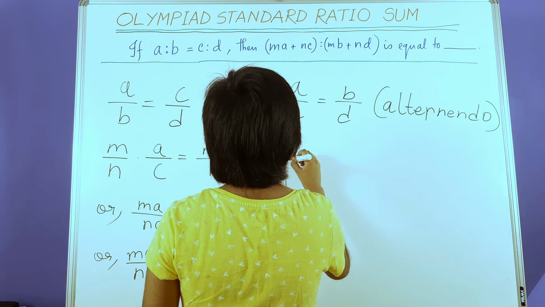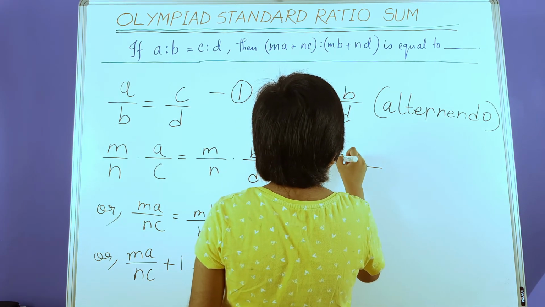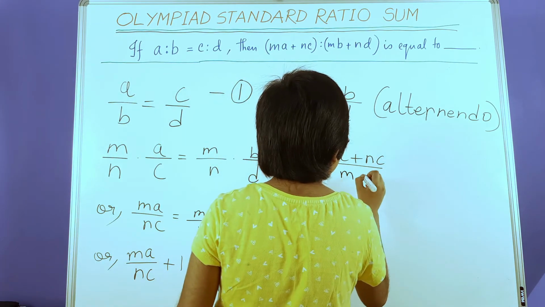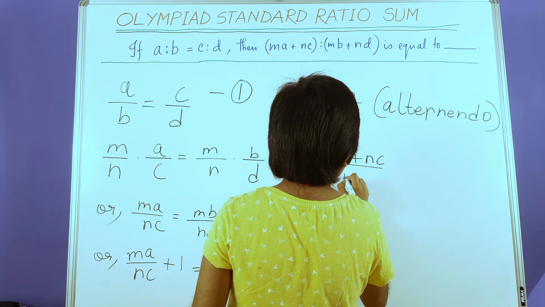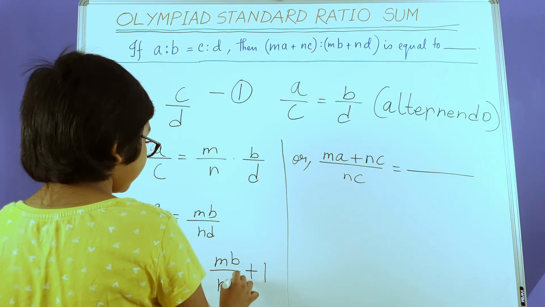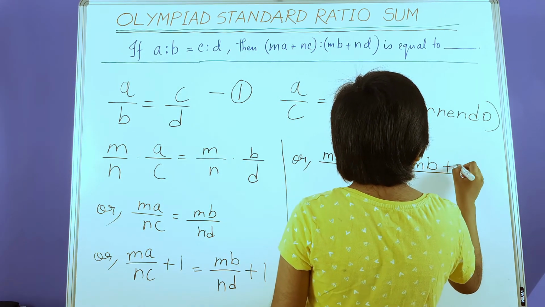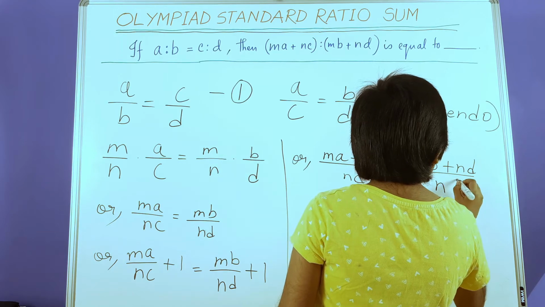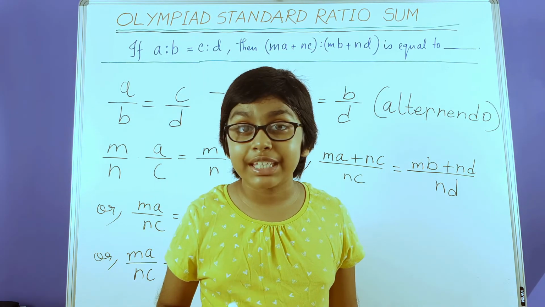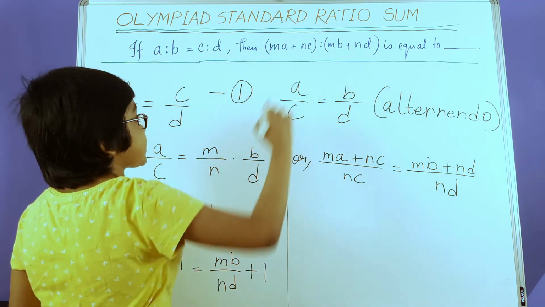Ultimately, after we solve it, we get MA plus NC by NC equal to MB plus ND by ND. And our trusty alternando is going to be used again in this step because we need to ultimately get back to this desired form.